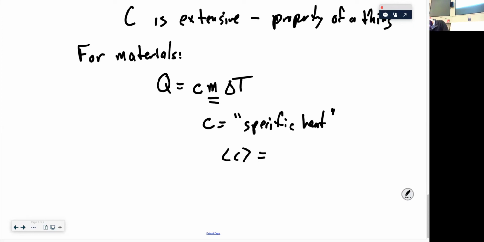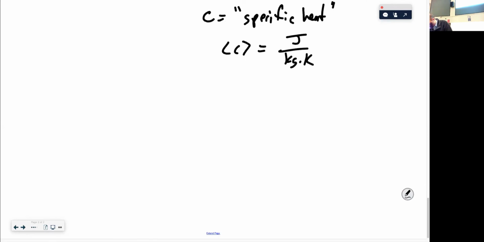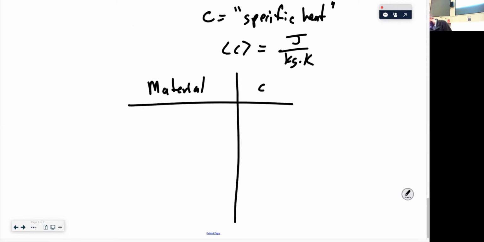Specific heat is the same, except it's per kilogram also. Joules per kilogram Kelvin. So let's write down some specific heats, just so we can have a sense of what this number looks like.